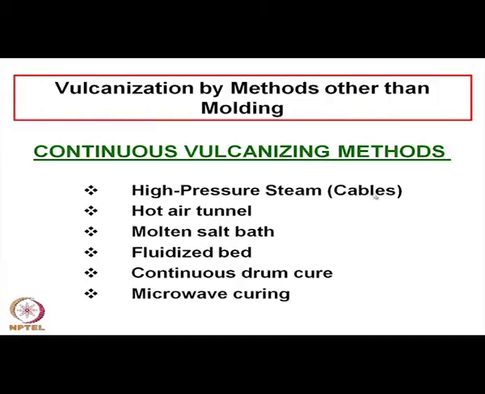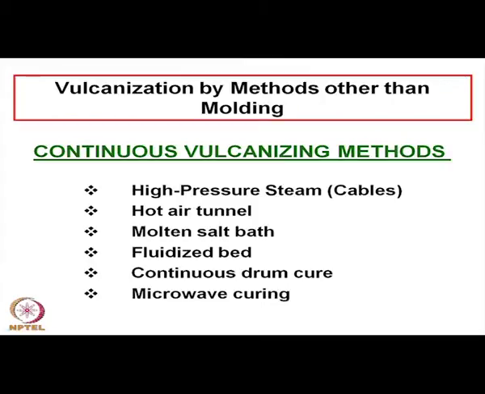For example, in the case of cable, the cable is made through an extrusion process, and that passes through a high pressure steam chamber, where the rubber covering of the cable gets cured between entering and going out of the heat chamber or steam chamber. Continuously it is entering and going out. During the residence time of the cable within the chamber, it starts curing and completes curing.